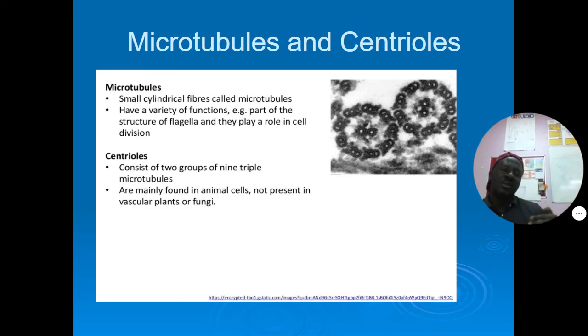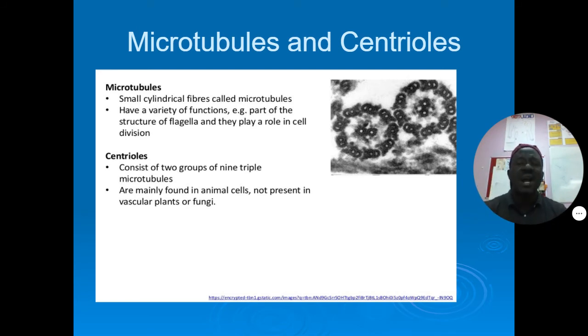And those skeletons are where we have attachments, and those attachments are important in compartmentalization, whereby we shall have the nucleus held in the center, we have the mitochondria on the sides, we have the Golgi apparatus carrying materials along.